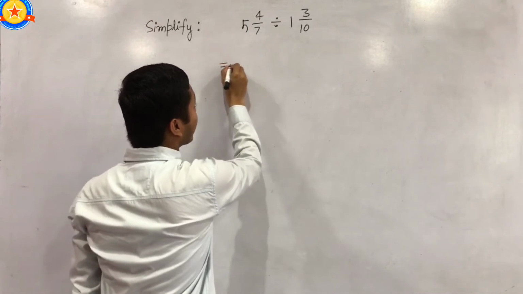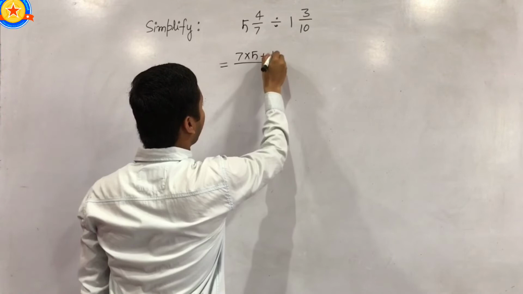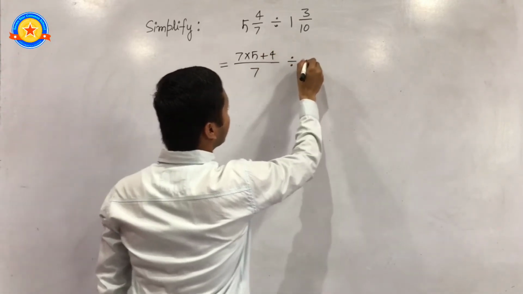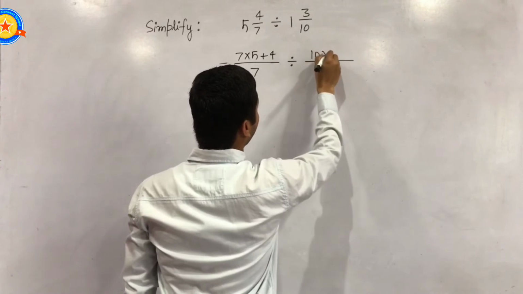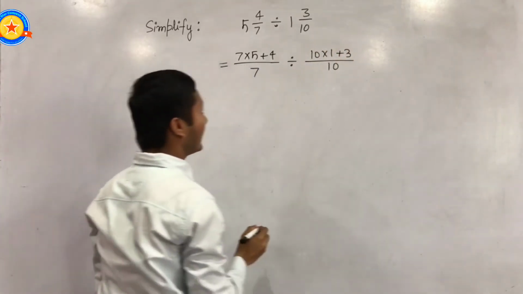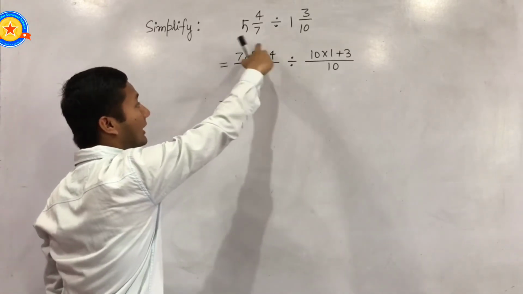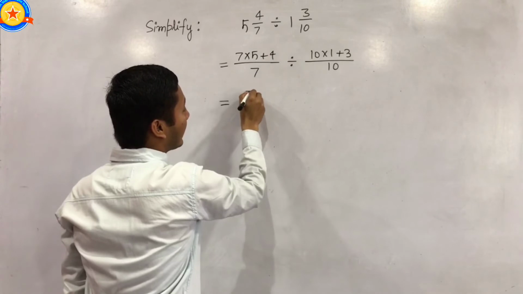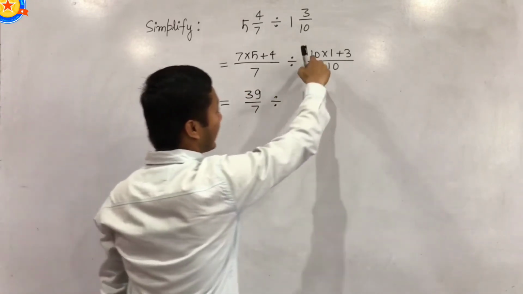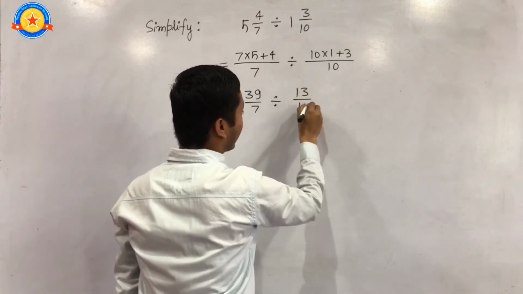It will be 7 multiplied by 5 plus 4 upon 7, divided by 10 multiplied by 1 plus 3 upon 10. From here we can say it becomes 7 fives are 35 plus 4, 39 upon 7, divided by 10 ones are 10 plus 3, it becomes 13 by 10.